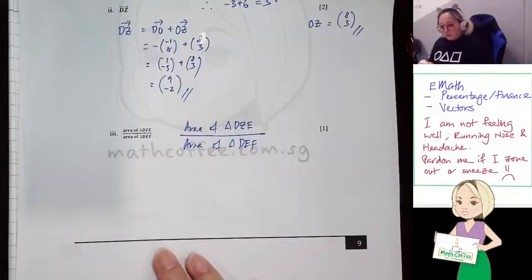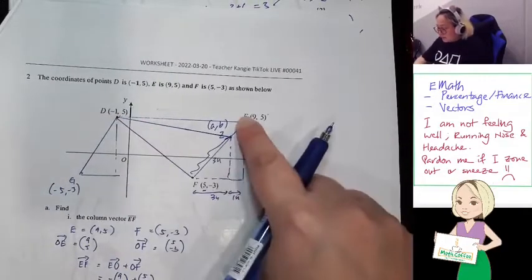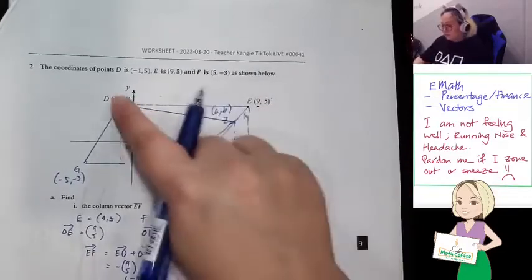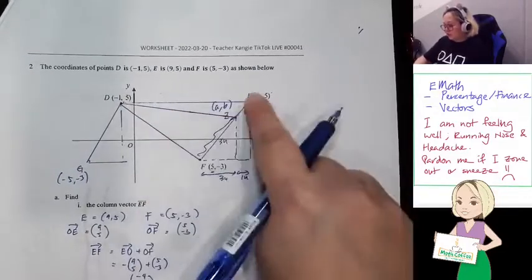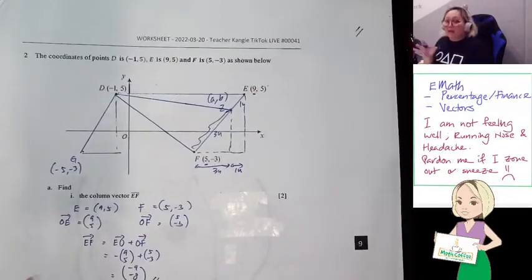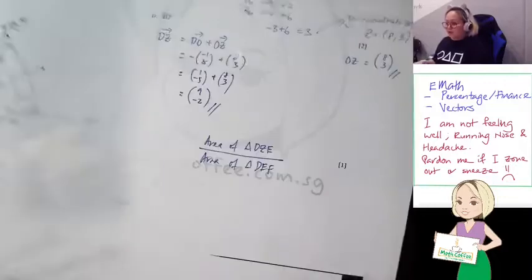So let's take a look at the diagram. DZE and DEF. So it is this triangle and the big triangle. Agree? And if you notice, actually it is common height.